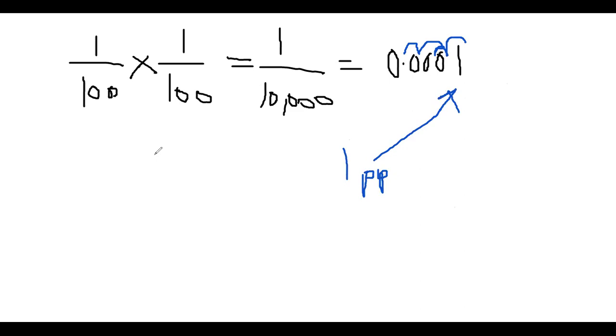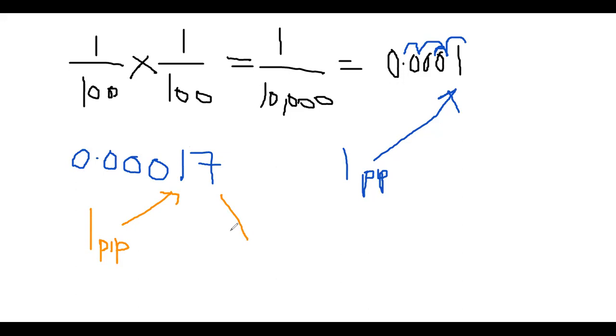Let's say you have a very simple exchange rate, and that exchange rate is 0.0017. So this is 1 pip, and this is 7 pipettes.